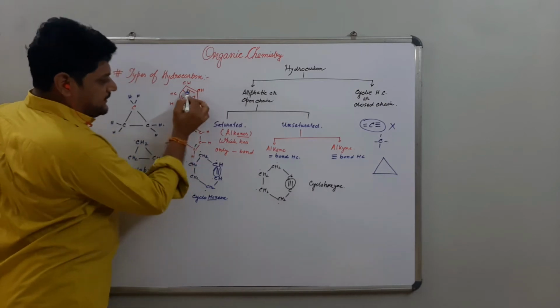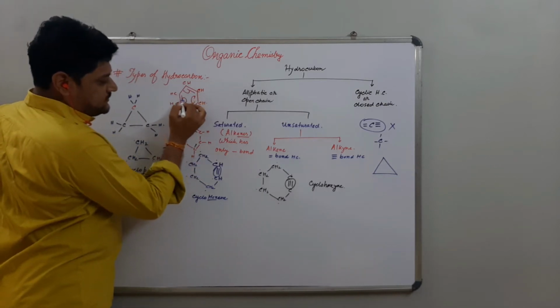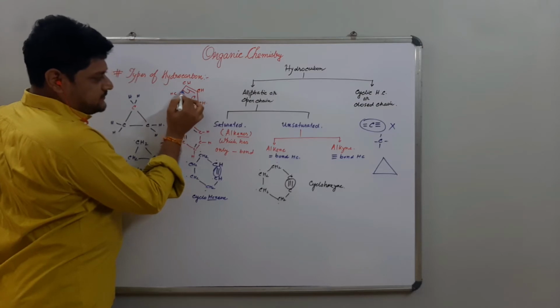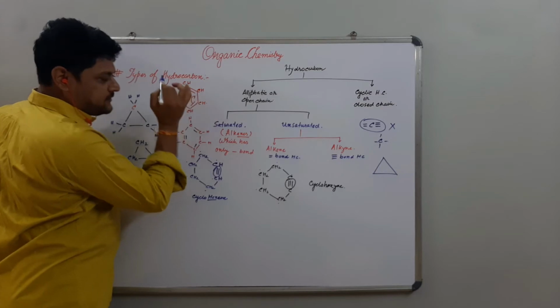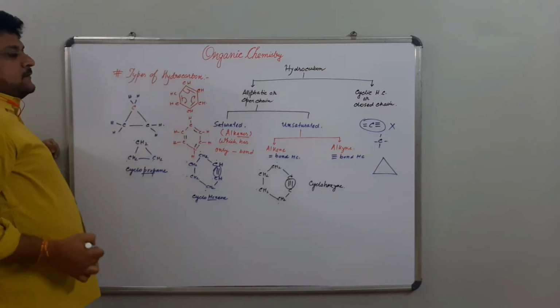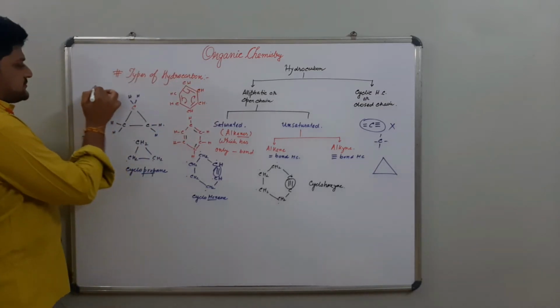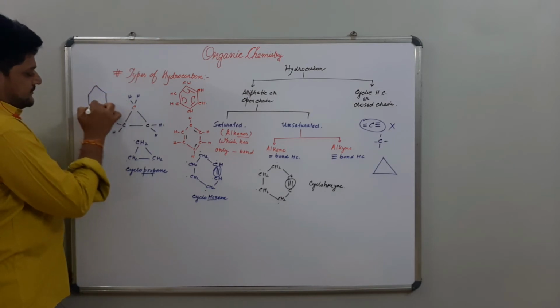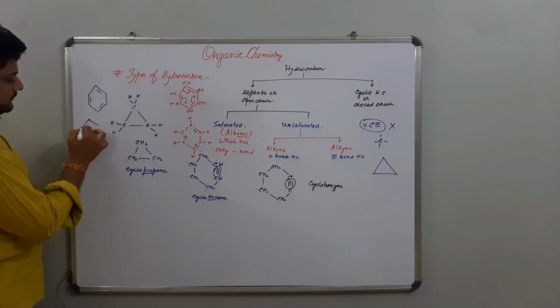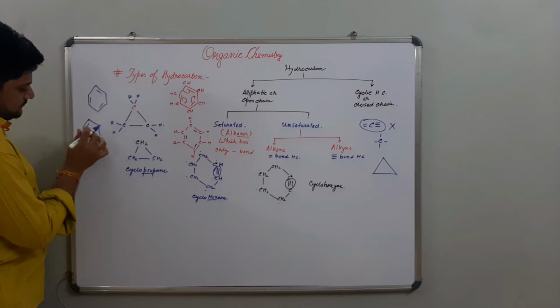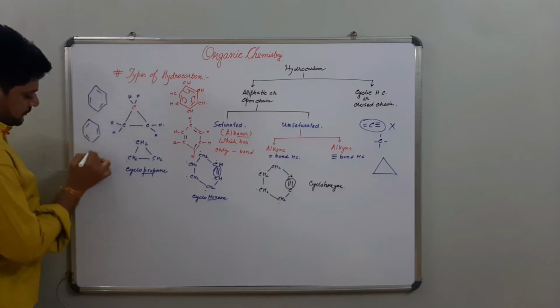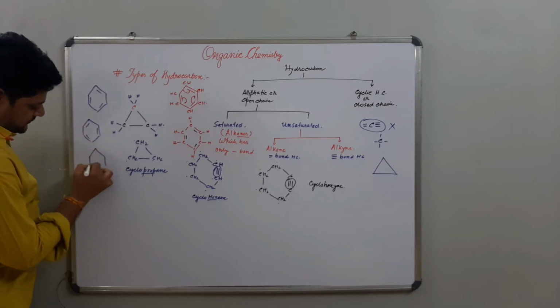It means this double bond can be shifted over this, this double bond also shifted over this, and again this double bond also shifted over this. So this makes benzene. The general structure of benzene you can write like this, or like this, or due to the resonating structure we can show it like this.